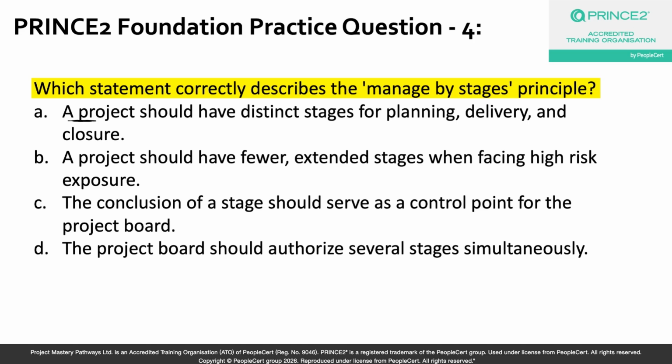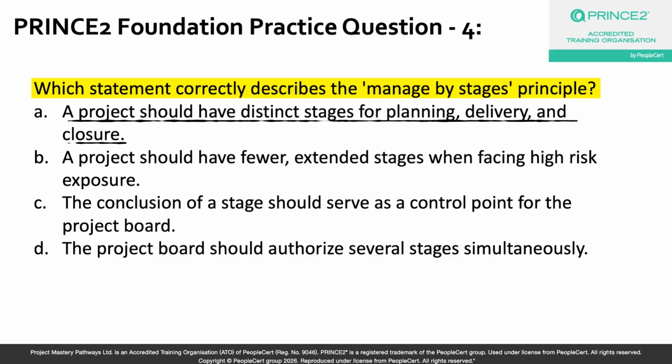Option A, a project should have distinct stages for planning, delivery, and closure. Right, now that might seem reasonable, and honestly, it's a very common misconception within PRINCE2, right? Because PRINCE2 does not prescribe specific stage names or a fixed structure of planning, delivery, and closure.